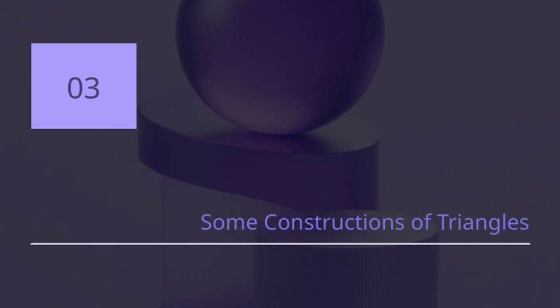These constructions are foundational because they connect geometric principles to practical problem-solving, reinforcing the overall theme of understanding how triangles are built and analyzed. By mastering these methods, we can solve a wide range of geometric problems more effectively.